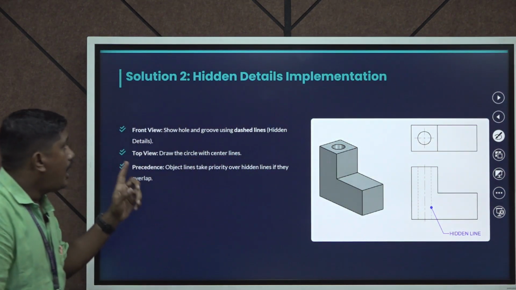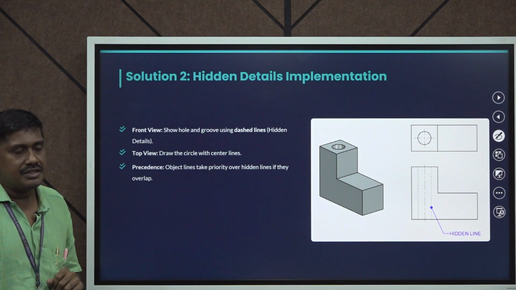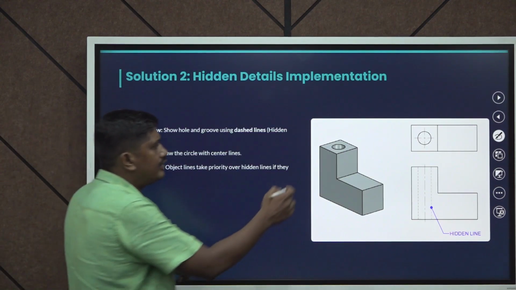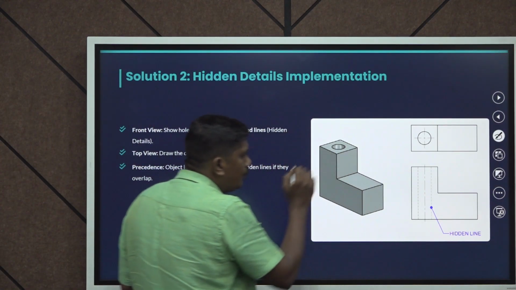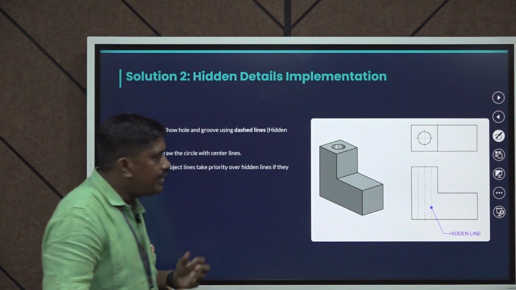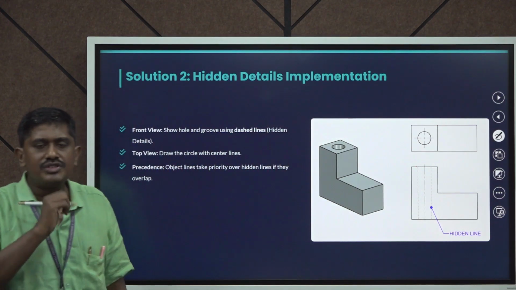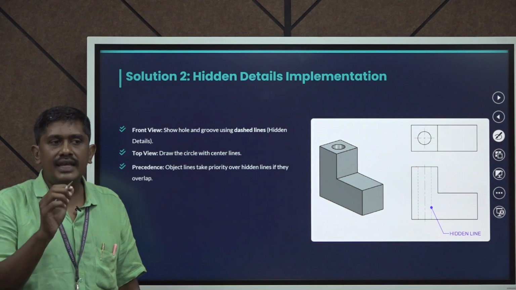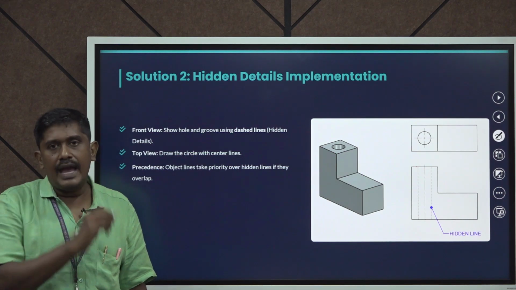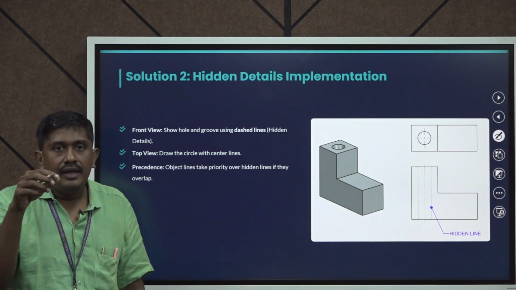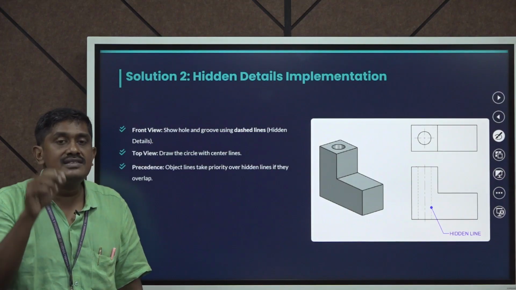and hidden details implementation. For any hidden details, like a hole in the front view, how can it be reflected in terms of dashed lines? What are the rules for making dashed lines? 3:1 gap, 3 mm of line and 1 mm of gap. That is the rule.